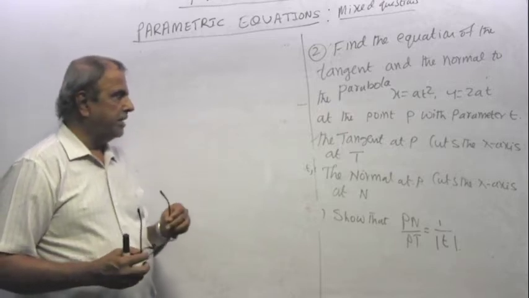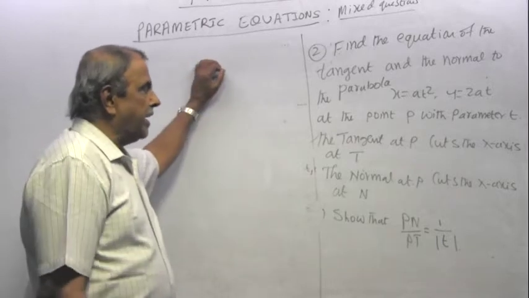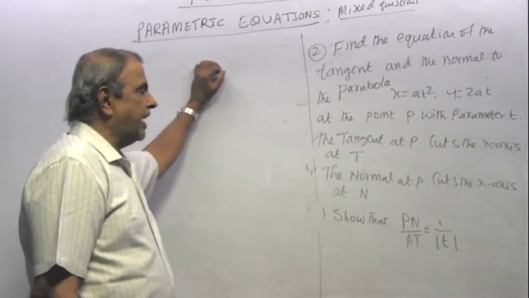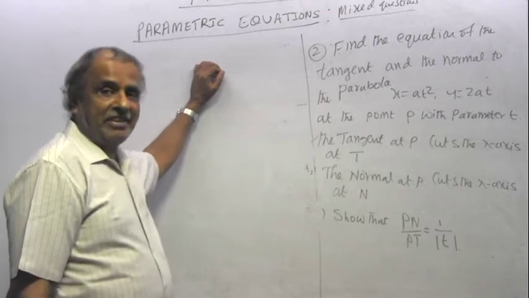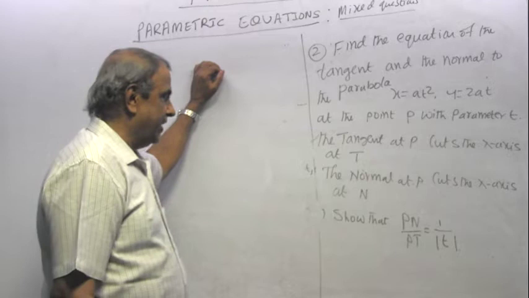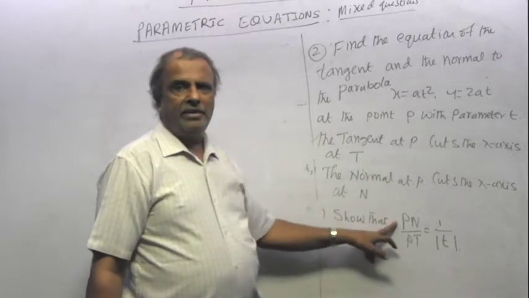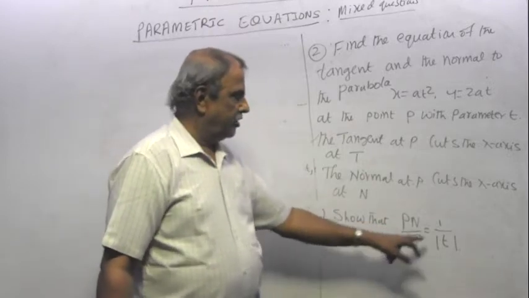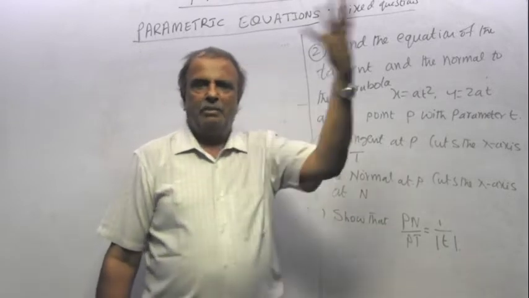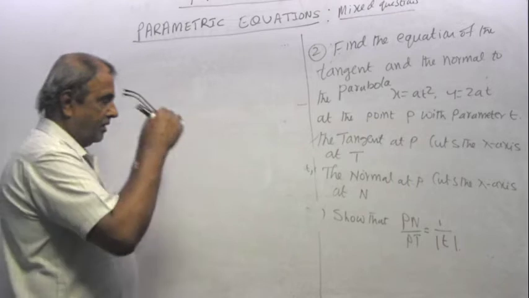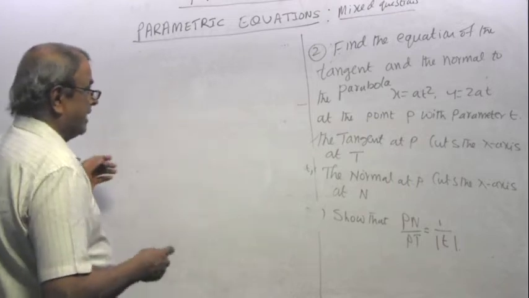Okay, we can do that. The tangent at P cuts the x-axis at the point T. The normal at P cuts the x-axis again at the point N. Find the length of PN, find the length of PT, show that it is 1 over mod t. Because we're talking of lengths, we put a modulus sign. Let's go through it systematically.